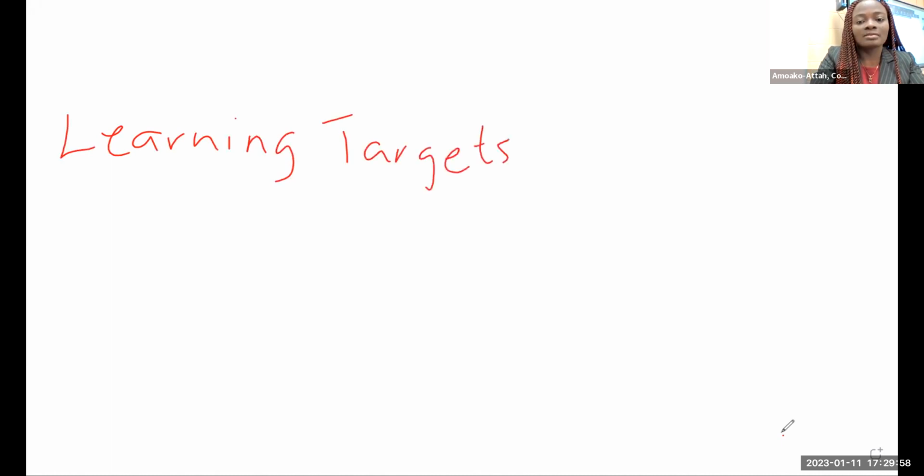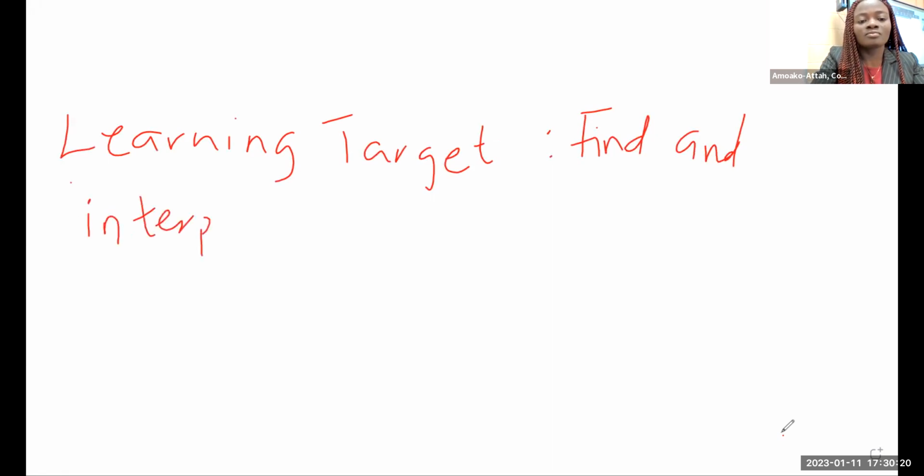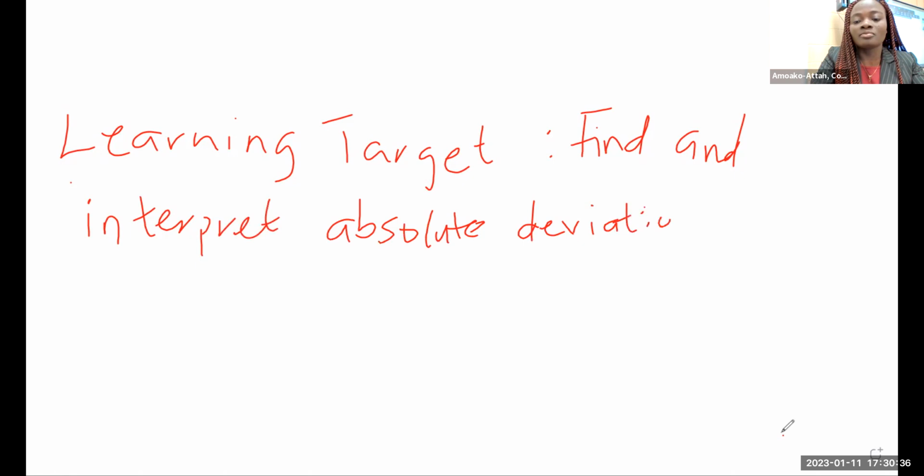Learning target: find and interpret absolute deviations of a data set, or a set of data.